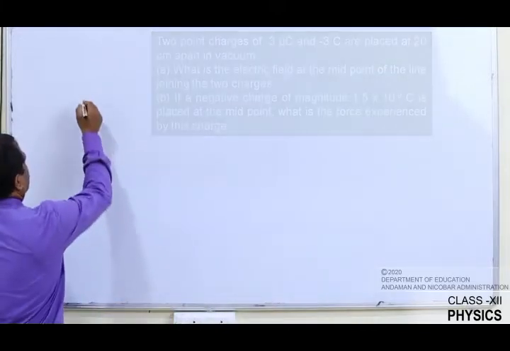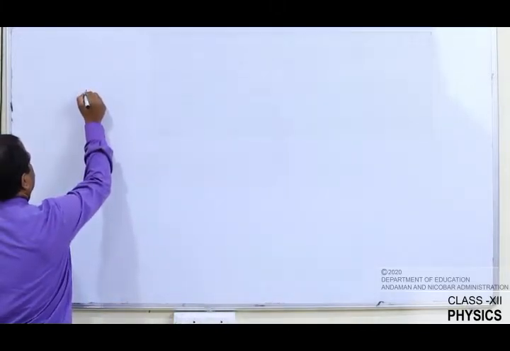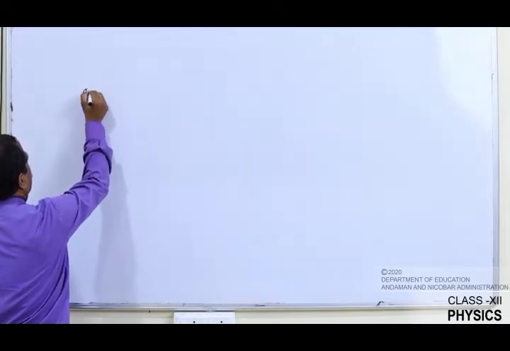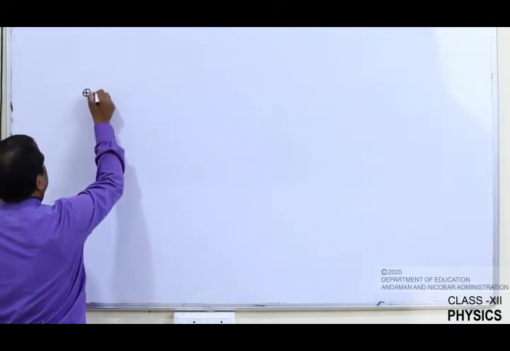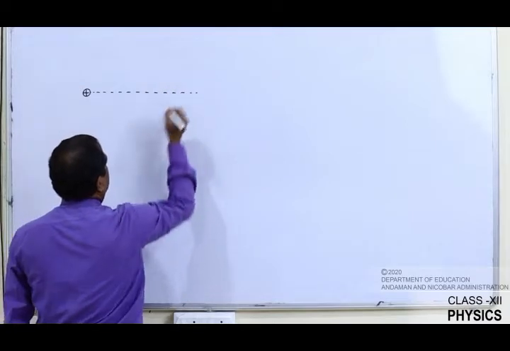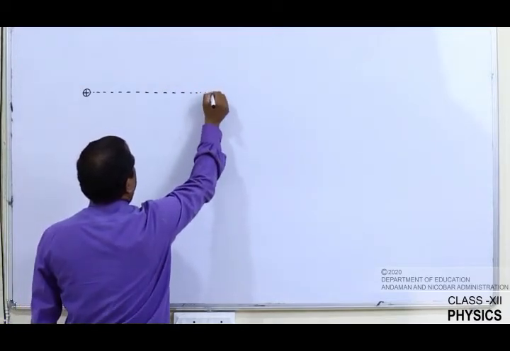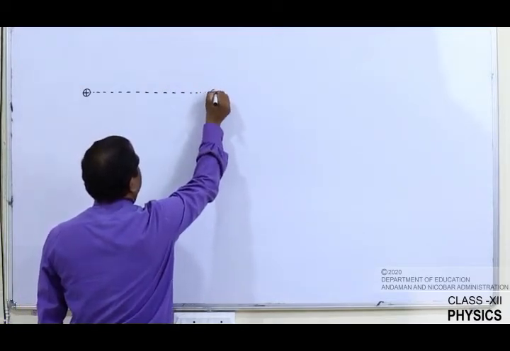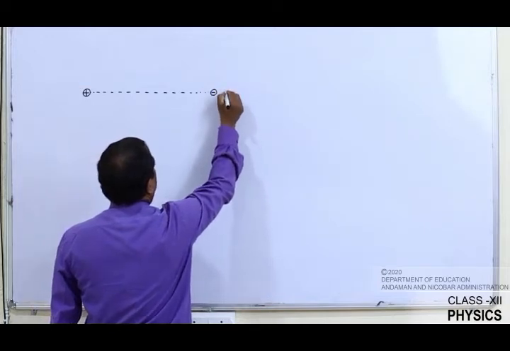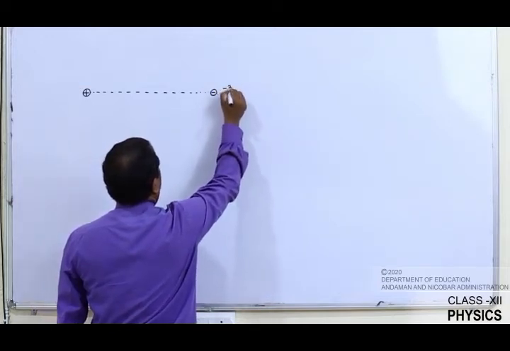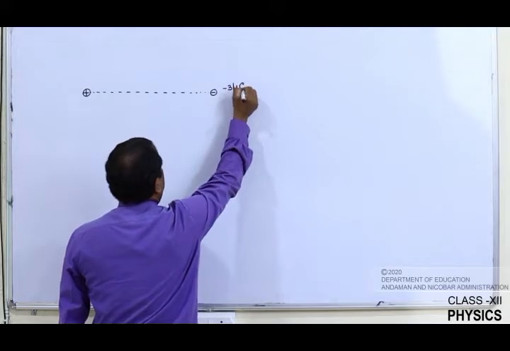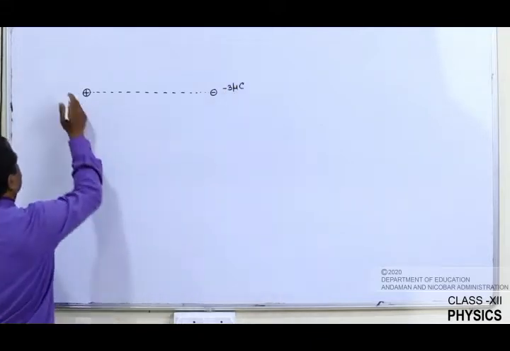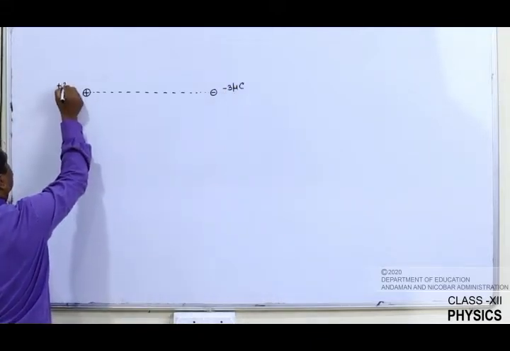So I have one positive charge and the other one is a negative charge. This is the line joining the two charges. This is the negative charge, the value of this charge is minus 3 microcoulomb, and this is the plus 3 microcoulomb charge.